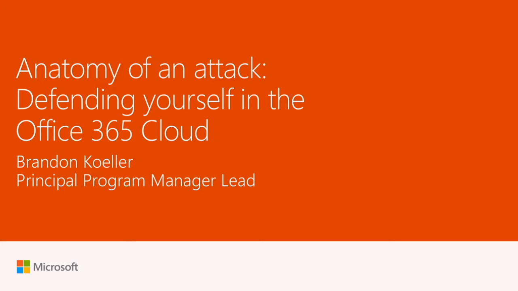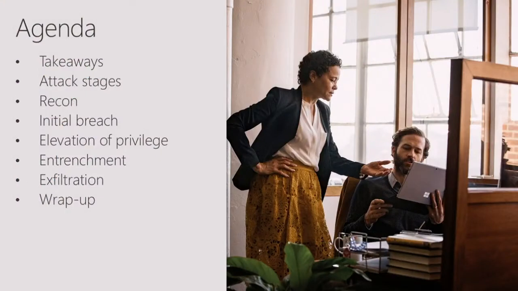Today, we're going to be covering a pretty broad set of things. The agenda is to explain what I expect you to take away from the session today. I'm going to talk about attack stages: reconnaissance, initial breach, elevation of privilege, entrenchment, and exfiltration. Those are the key, very common kill chain steps that an attacker would take against pretty much any kind of cloud property.